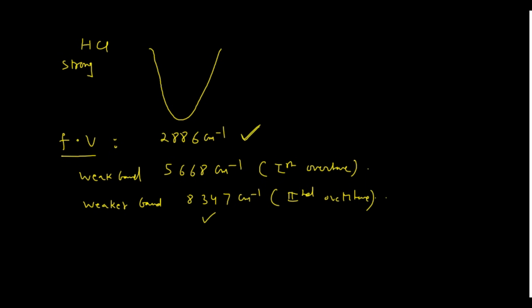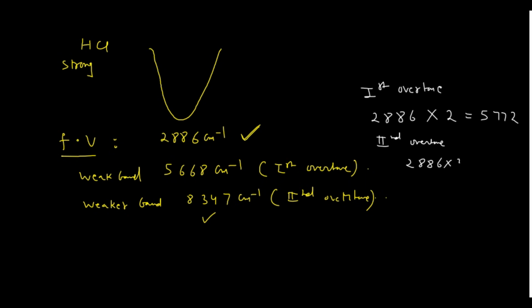So you can simply multiply your 2886 with 2 for the first overtone, and you will get 5772. And for the second overtone, you multiply your 2886 with 3, which gives you the value of 8658.